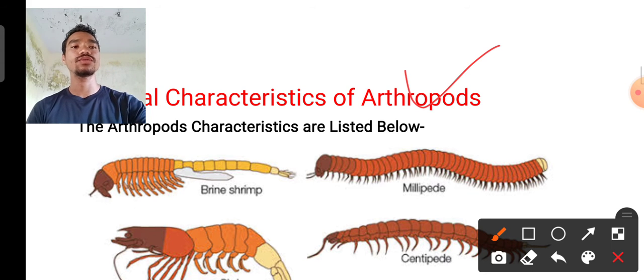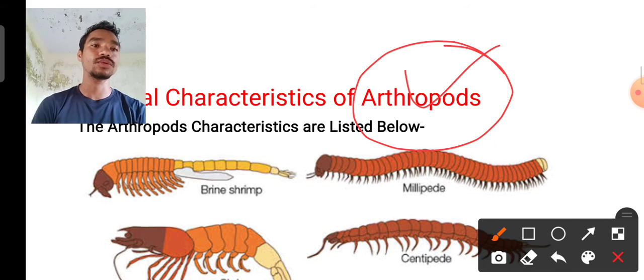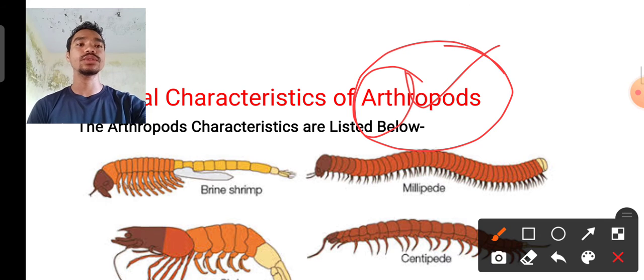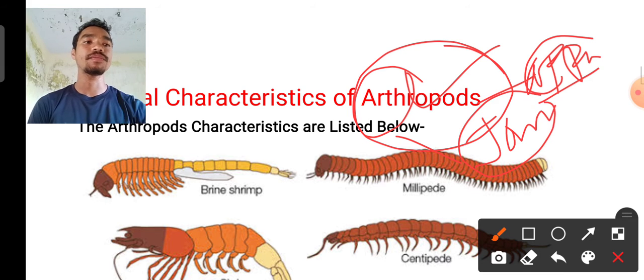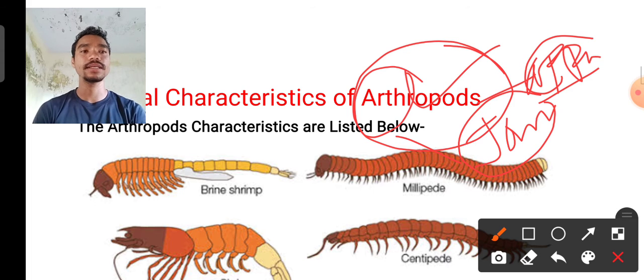Guys, arthropods is a combination of two words, right? Arthros means jointed and pods means appendages. Jointed appendages found in organisms are called arthropods.